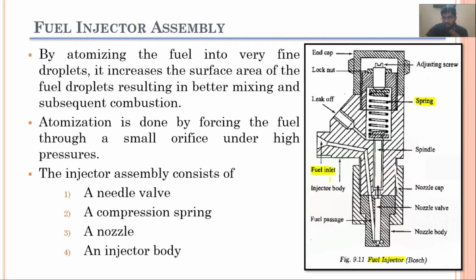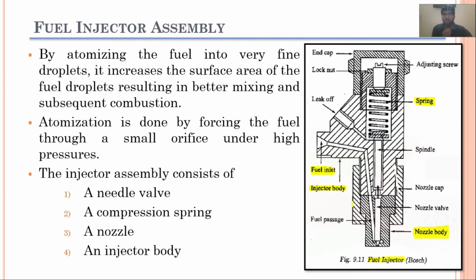This entire component is the injector body, and this lower component, where we can see the nozzle valve as well, is the nozzle body. So an injector consists of two main parts: the injector body and the nozzle body. The injector body contains the spring and the adjusting screw along with the fuel inlet supply line, and the second component is the nozzle body, which consists of the nozzle valve and the orifice from where the fuel will enter the combustion chamber.